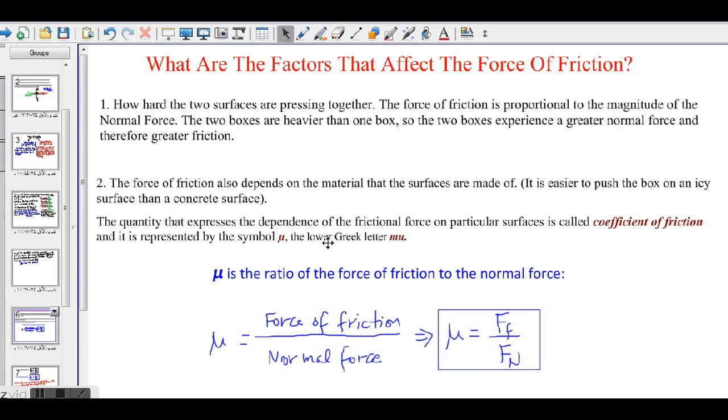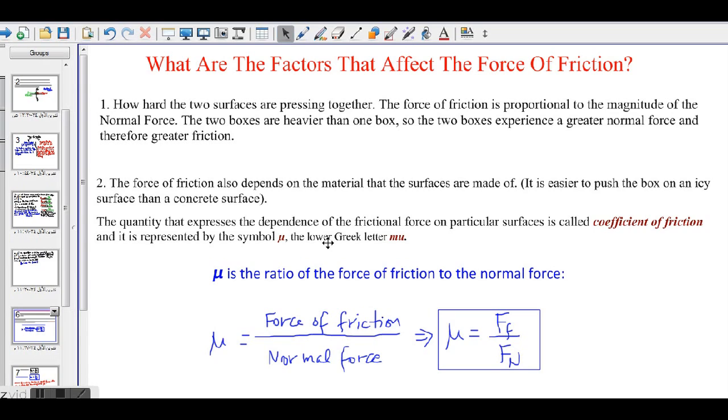Now, the quantity that expresses the dependence of the frictional force on particular surfaces is called coefficient of friction, and is represented by the symbol mu, the lowercase Greek letter mu. Okay, so coefficient of friction actually depends on the surface, whether it's smooth or rough.